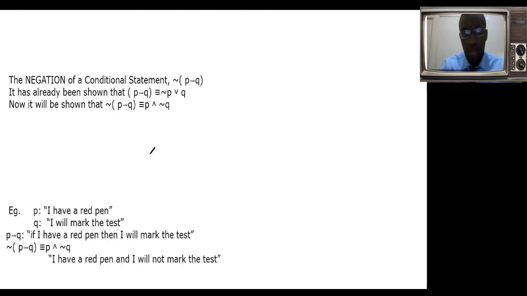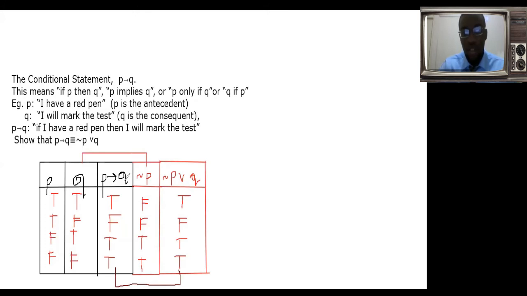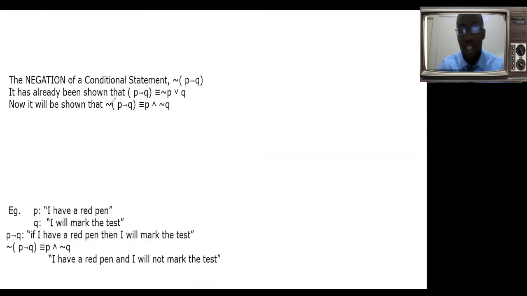Right here, we showed that P implies Q is logically equivalent to not P or Q. Therefore, the negation of P implies Q is going to be the negation of not P or Q. And so the negation of P implies Q is P and not Q. So you have to remember this: the negation of P implies Q is P and not Q.